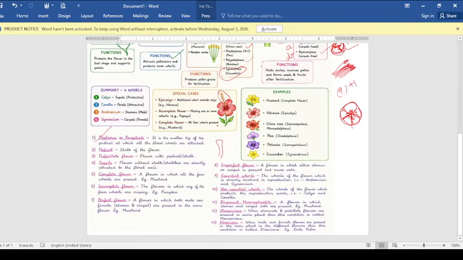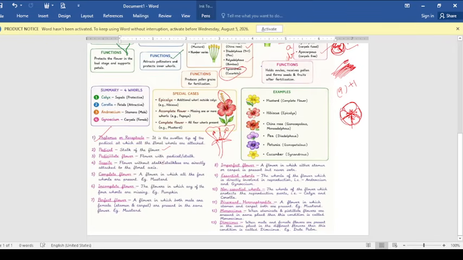In this swollen portion, you will find attachment of various whorls: sepals are present over here, petals over here, the stamen, and carpel. So this is a structure which consists of all the floral whorls at its base.